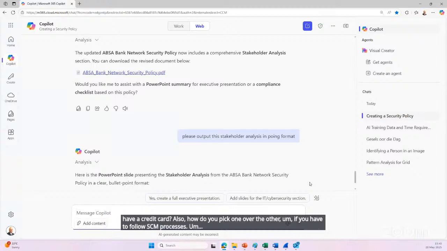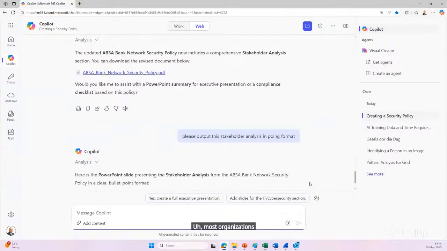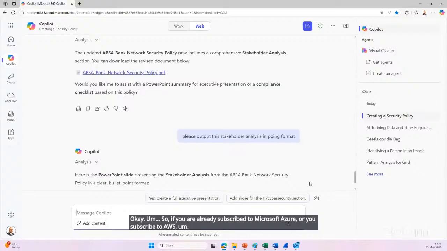Okay, the first part thereof. Most organizations that provide you with AI services do so on a subscription basis. So if you are already subscribed to Microsoft Azure, or AWS, or the Google Cloud Platform, or maybe the Alibaba Cloud, they all provide cloud AI services as part of your subscription.